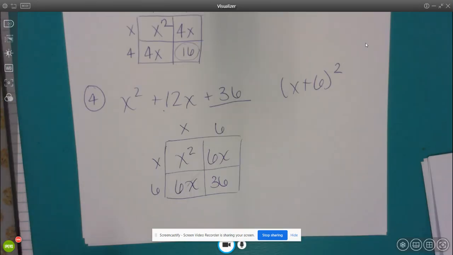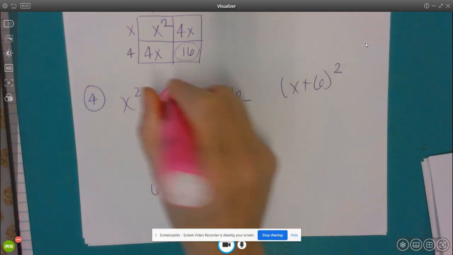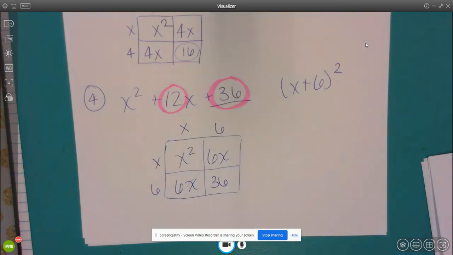So what I'm looking at is, let me get a highlighter. I'm looking at what's the relationship between this number and this number. So you notice I kept saying I need to split this equally between these 2 corners.